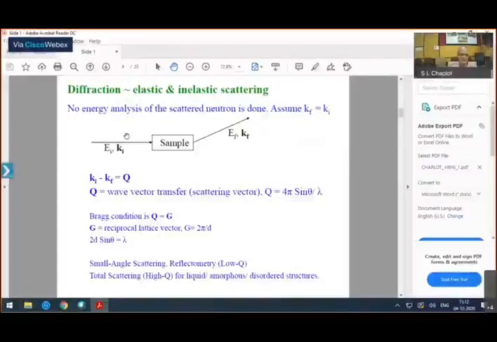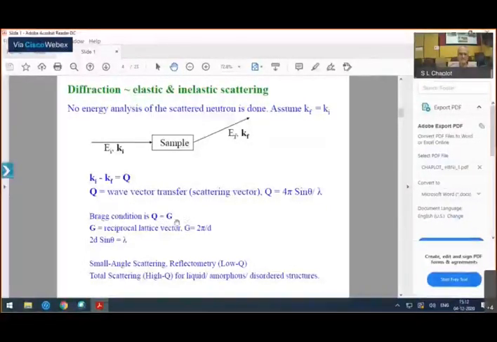This is what one essentially does in neutron diffraction, or X-ray diffraction for that matter. And this is the basis of all the crystallography, whether with a single crystal or with a powder sample. However, just to remind you, there is also a lot of scattering away from the Bragg condition. It is not that the scattering occurs only at the Bragg condition.